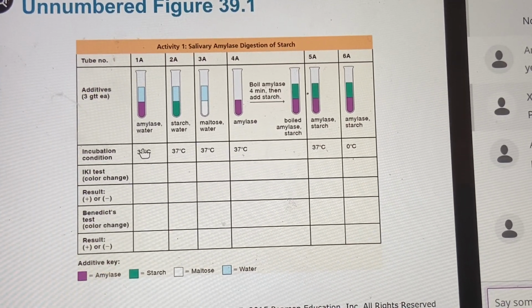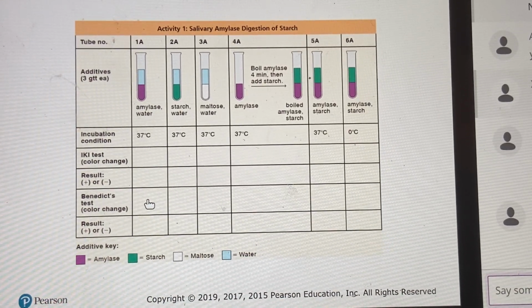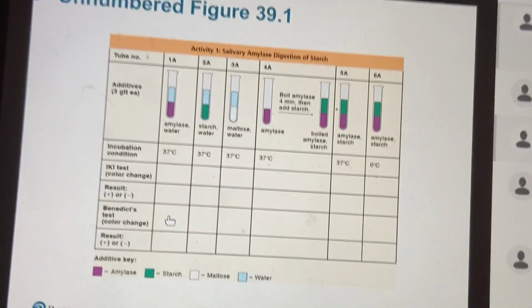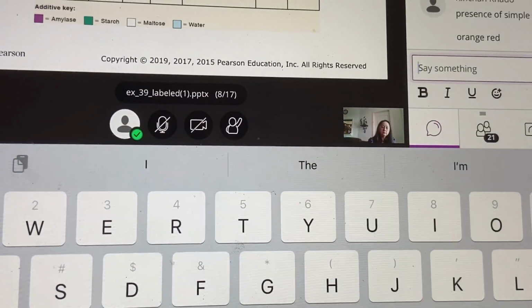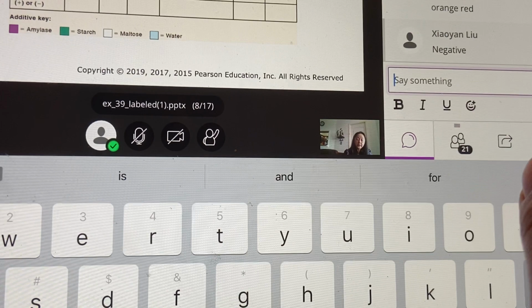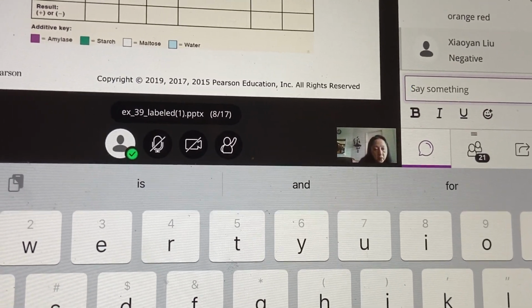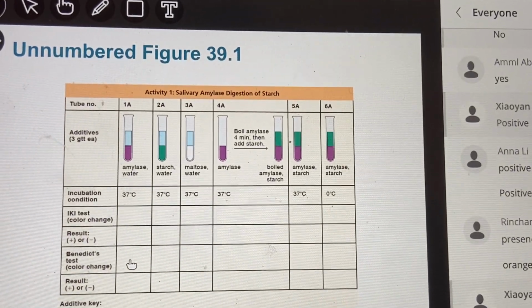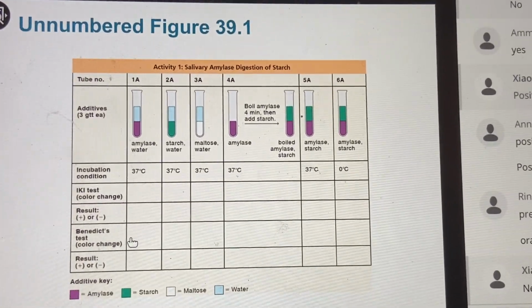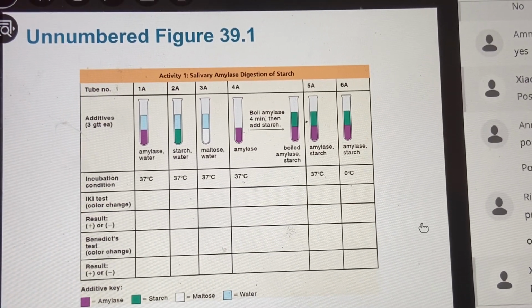Amylase and water. Soak at 37. What will be your Benedict's test? Will there be color change? Well, basically this table is color, you say color change. What is the color change? Is it green? Or you say no color change, and then here is just positive or negative, okay?